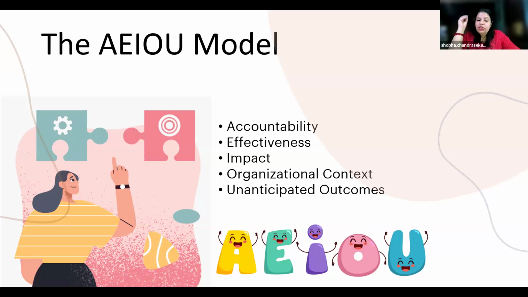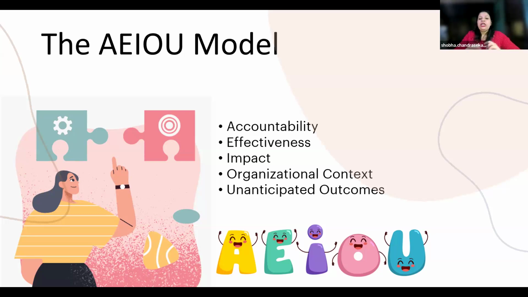This component focuses on whether the program or the initiative is fulfilling its stated goals or objectives. It is about ensuring that the resources like time, money, and effort invested in the program are being used responsibly and that the program is delivering on its promises. That is what the accountability aspect checks.